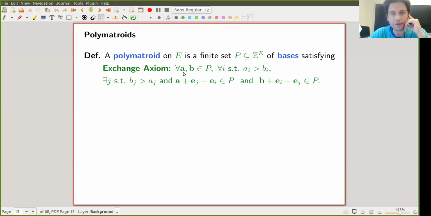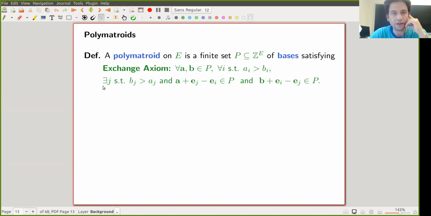If you have two bases, A and B, and an i in E such that the ith coordinate of A is greater than the ith coordinate of B, then you can take A and decrease its i coordinate and increase another coordinate and stay within your set of bases.